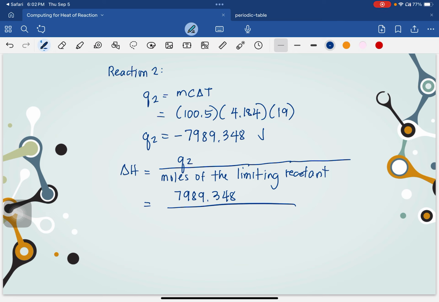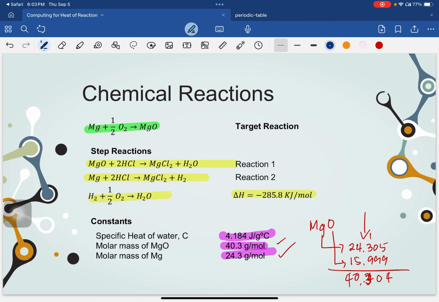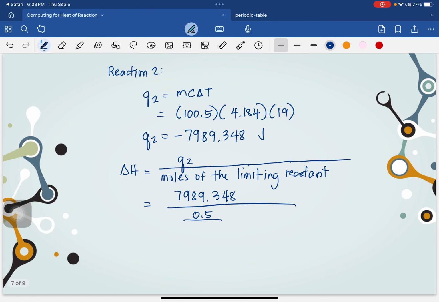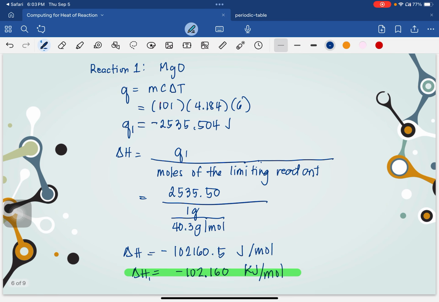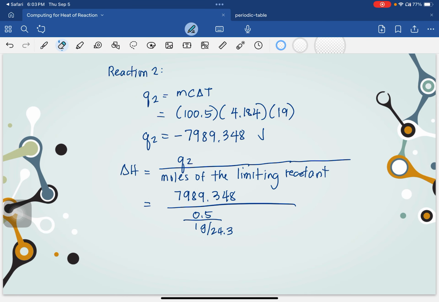But we only use half a gram of magnesium. So that's 0.5 all over the molar mass of magnesium, which is 24.3 grams per mole.